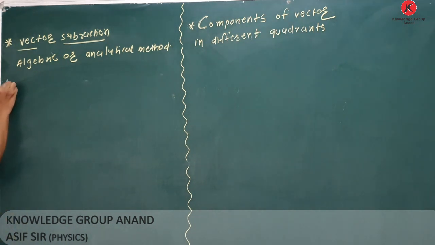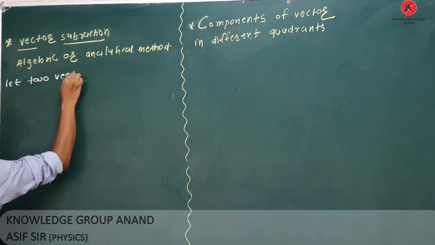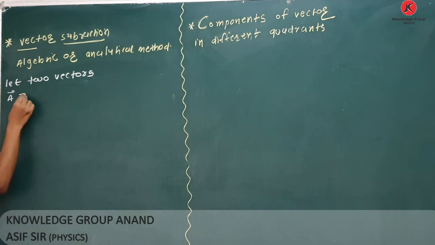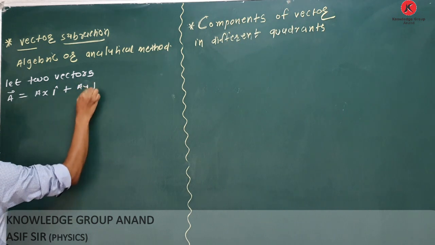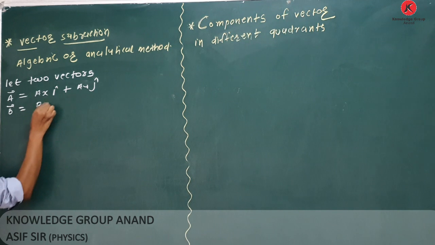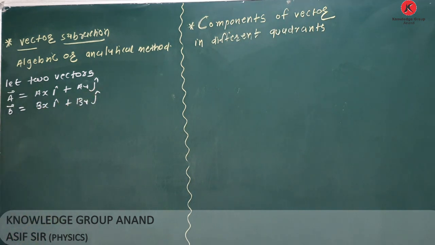If we have 2 vectors, let the vectors be A and B, obviously A for us is Ax i plus Ay j, and vector B is Bx i plus By j. We want to find their subtraction.